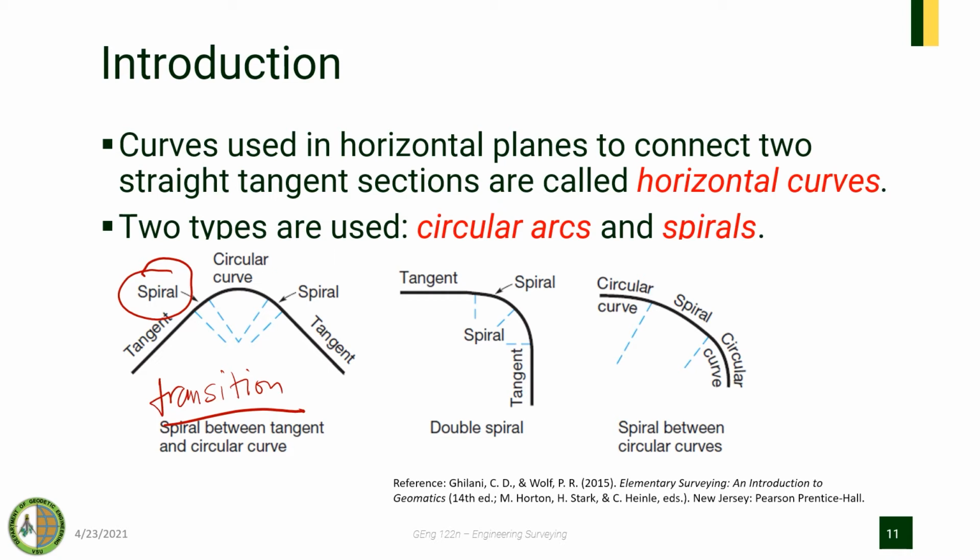It is different from a simple curve, where once you enter the curve, the change of direction is instant. Whereas in spiral, we have this called transition, meaning a gradual change of direction.